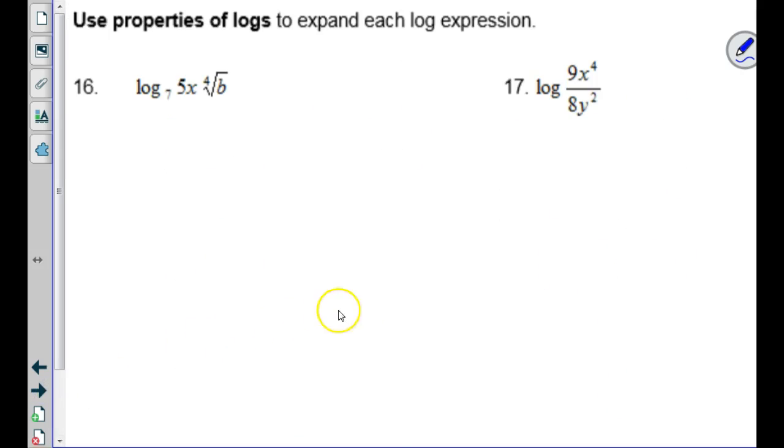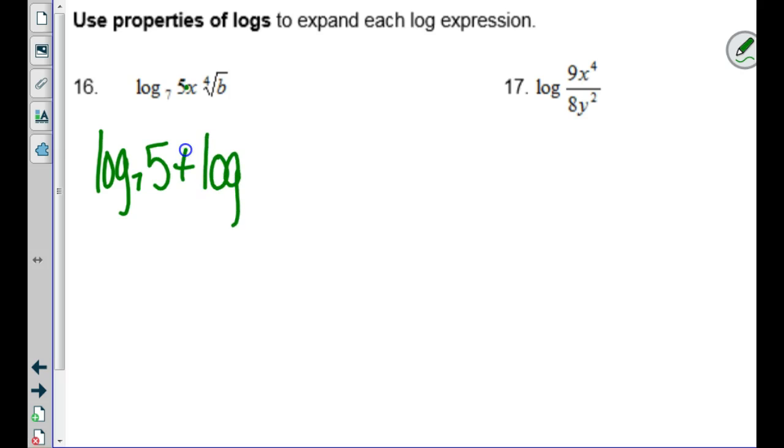All right, what about 16? Expand the goodness out of this one. Log base 7 of 5. Then it's times, so we write plus log base 7 of x.